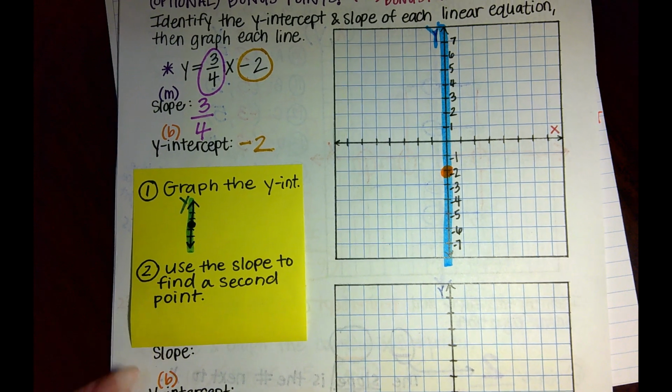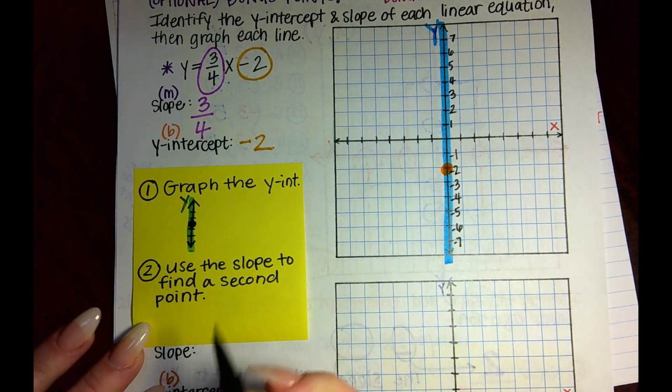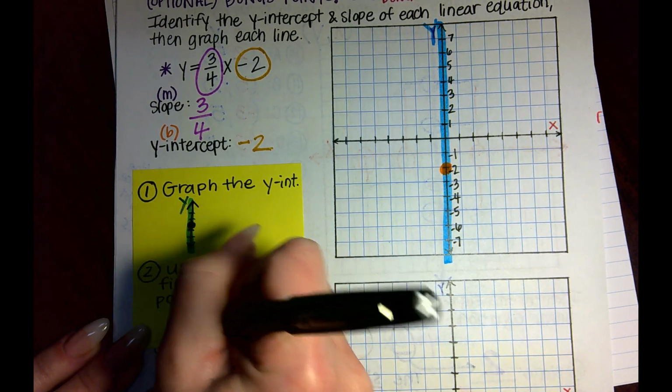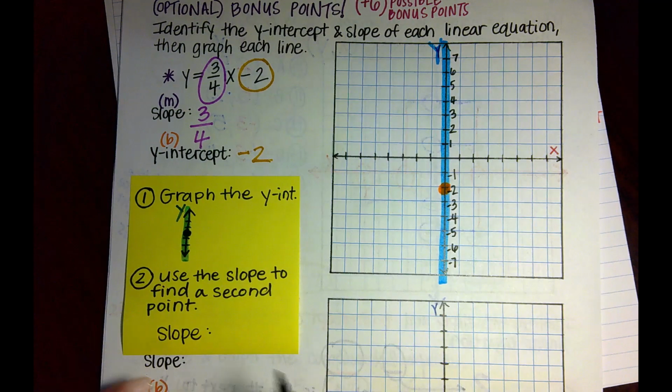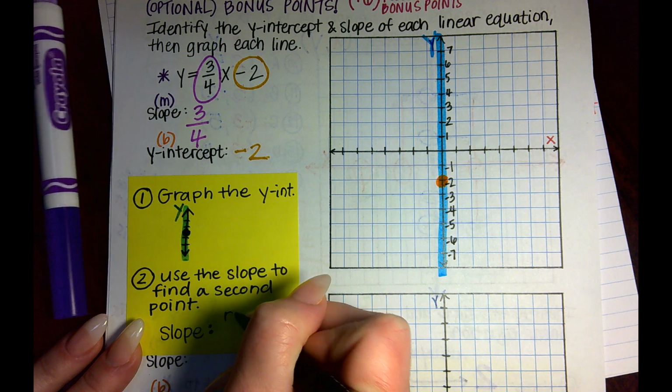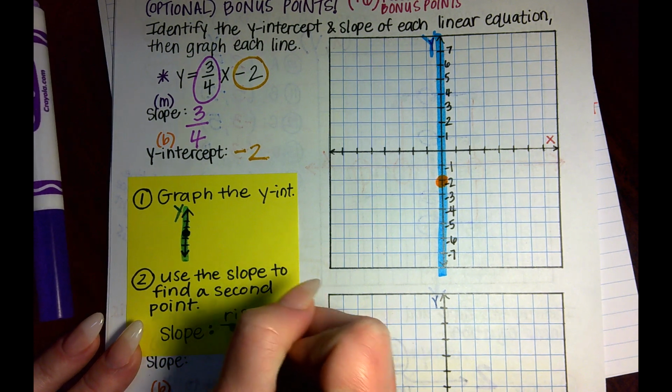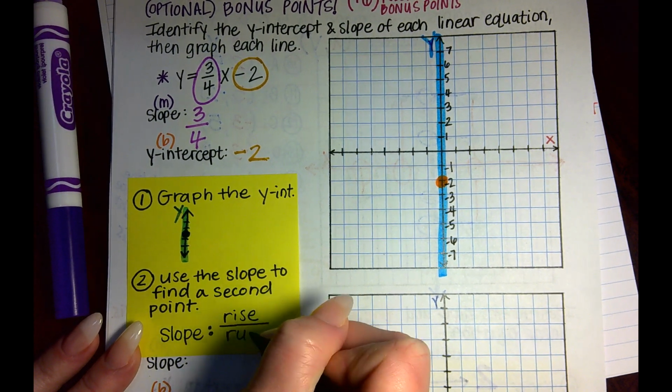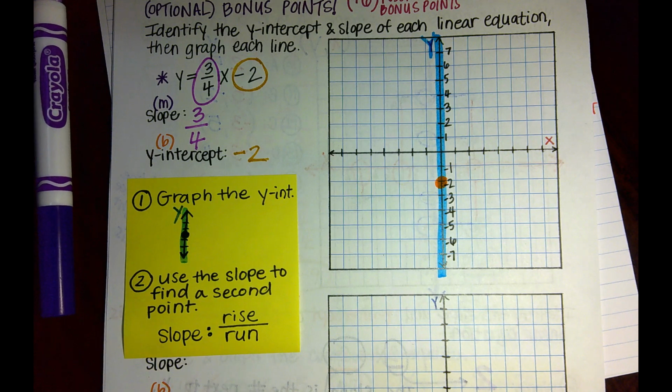And here's how we do it. Slope can be referred to as what we would call rise over run. And I will explain what that means.